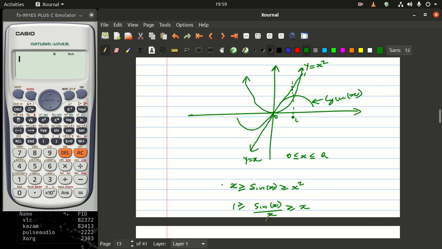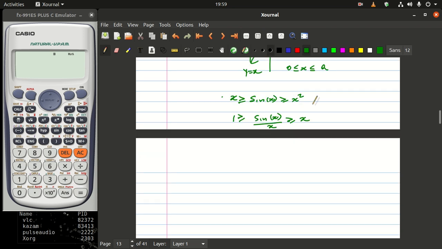Now I just want to give you an illustration of why we cannot end up using this, another reason. If I'm taking the limit as x approaches 0 on the right of 1, this needs to be greater or equal to the limit as x approaches 0 on the right of sine x divided by x.